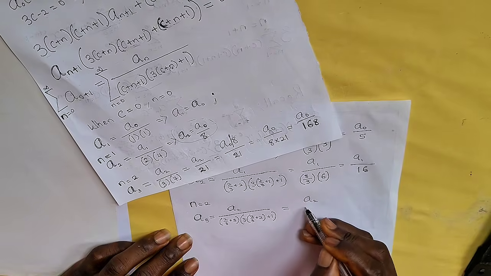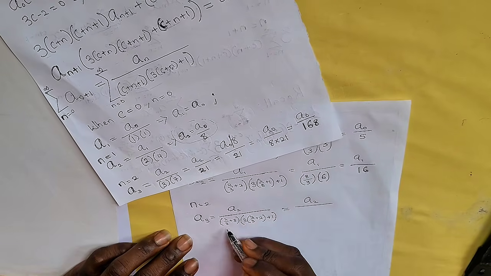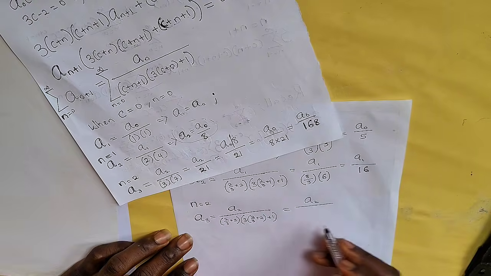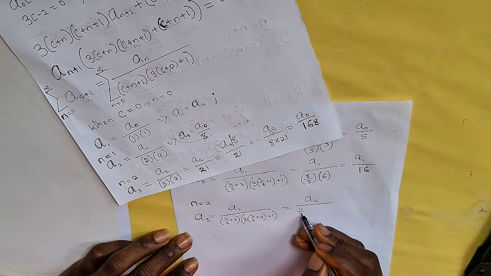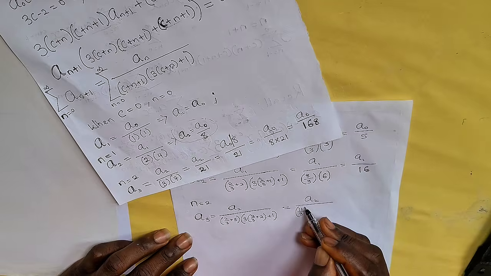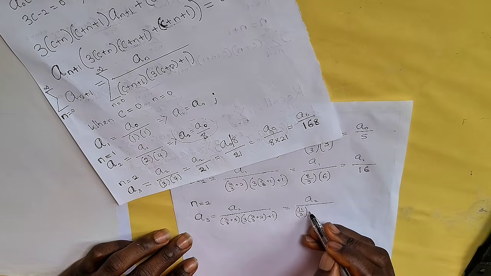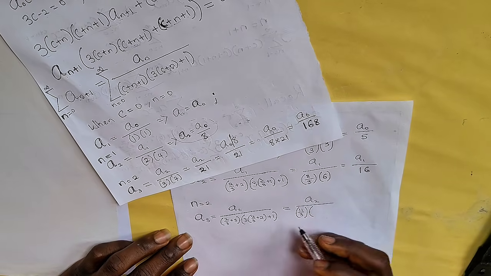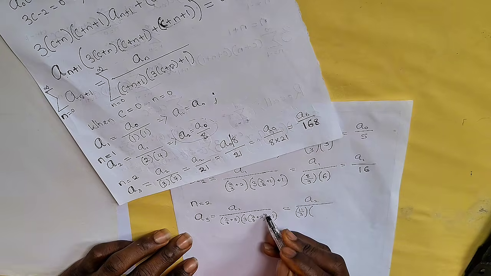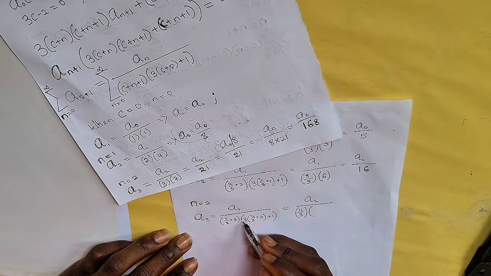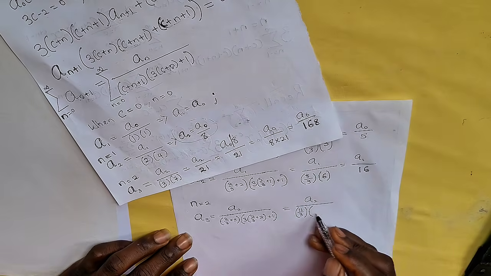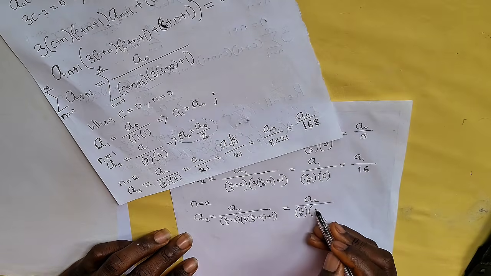I'm going to have, when I multiply this, 9 plus 2, I'm going to have 11 over 3, right? So in the second bracket, I'm going to have this to be 8 over 3 from previous calculation. Then 8 over 3 times 3 is going to give me 8 plus 1, which is 9, right? Okay.